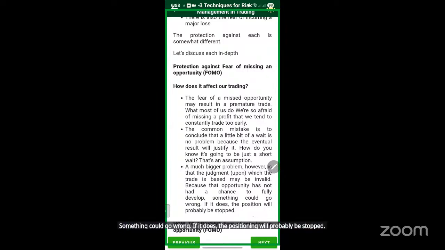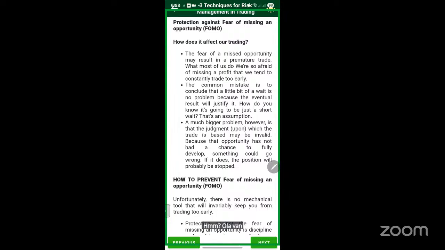You understand? So this fear, the fear of missing out, most of the time we fear a missed opportunity so much. You see that you would have made money on a certain trade, but you haven't. You are afraid of missing a profit so you tend to constantly trade early. Always, you know that once a coin gives a confirmation, you just enter the trade. This time round you wake up and the market has taken off, you have missed the entry.